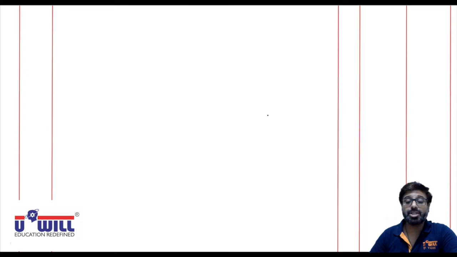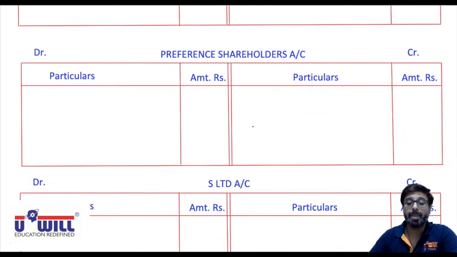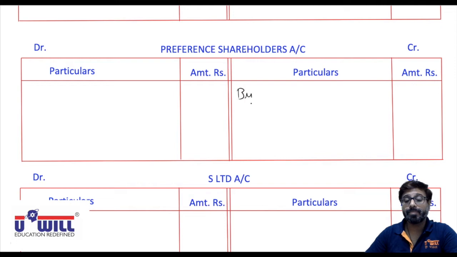Now to preference shareholders, so this will come in preference shareholders account on credit side by 6% preference share capital account 2,50,000.